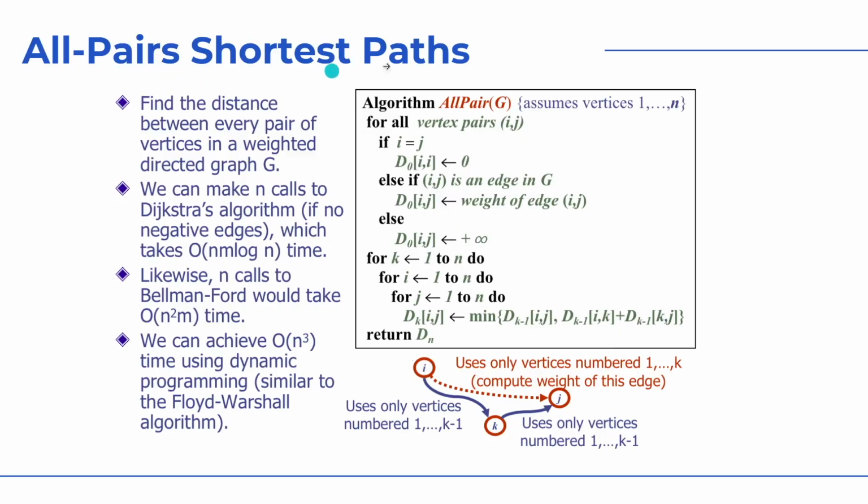And we have one more kind of problem called all pairs shortest path. In Dijkstra's algorithm, we find the shortest path to any node in the graph from a single source, whereas here we need the shortest path between any pair of vertices.